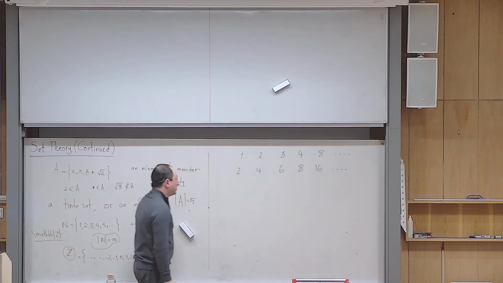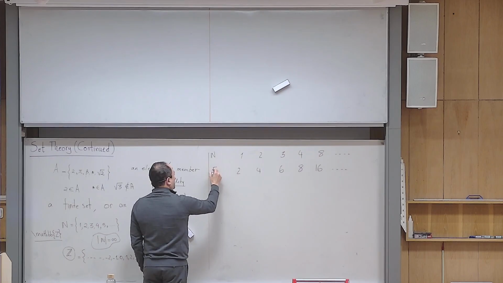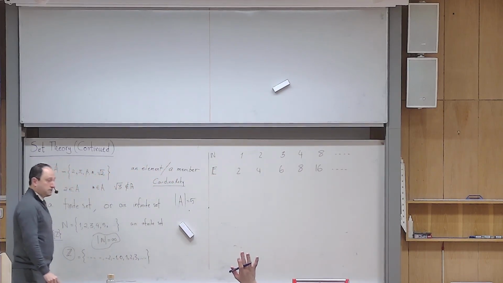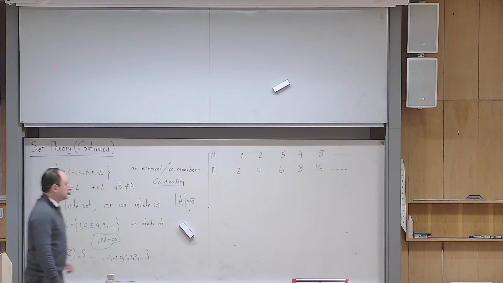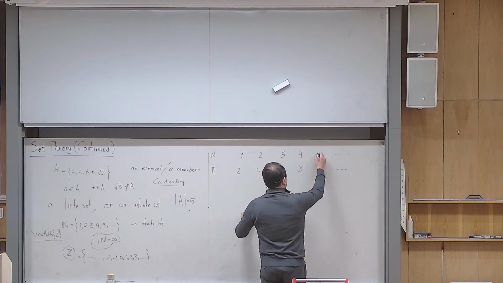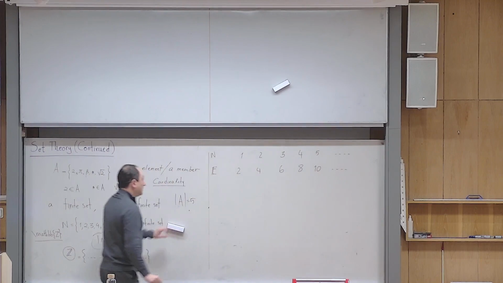Yes? So let me just denote this by N, and let me denote this by E. Yes? Hold on. Yes? Why did you write 8? Oh, that's my mistake. And I made 2 mistakes. Yes? 5, and this is 10. Thank you.